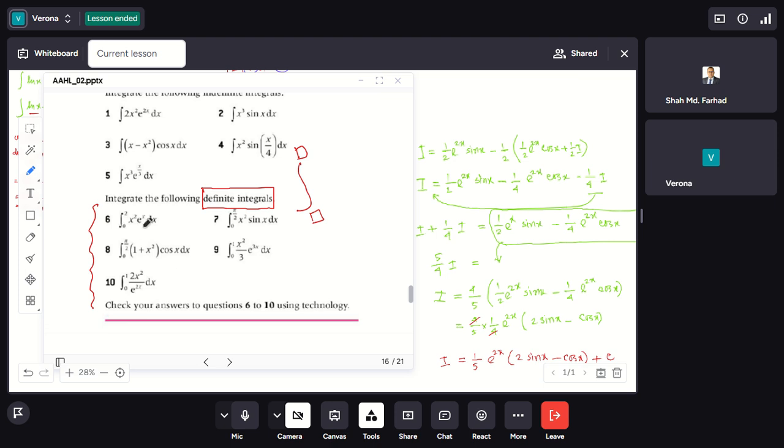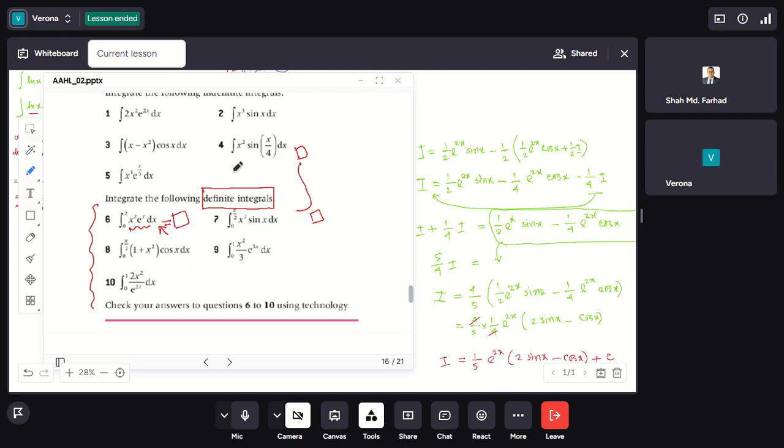Basically the integral is from the integration by parts topic, but since we are given the lower and upper limits, if it is in paper 2, then we can directly use a calculator. Then it will give you the direct result.